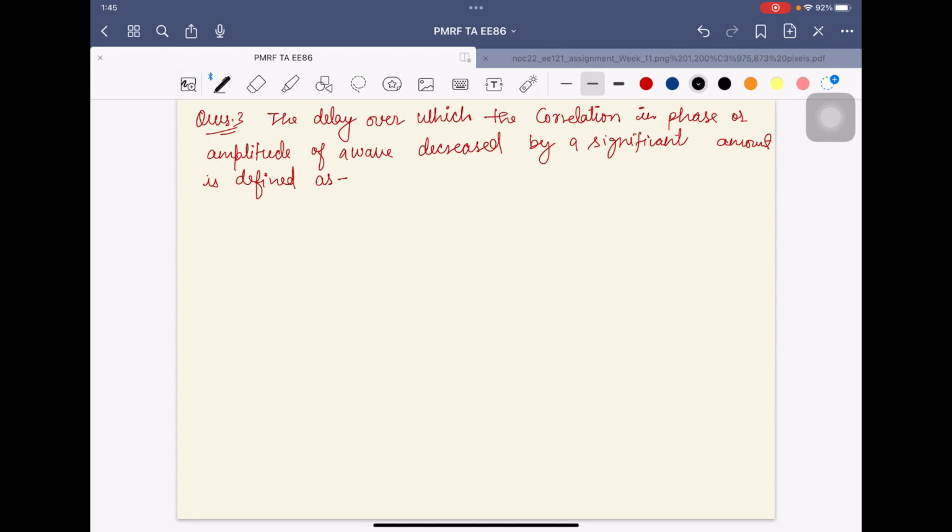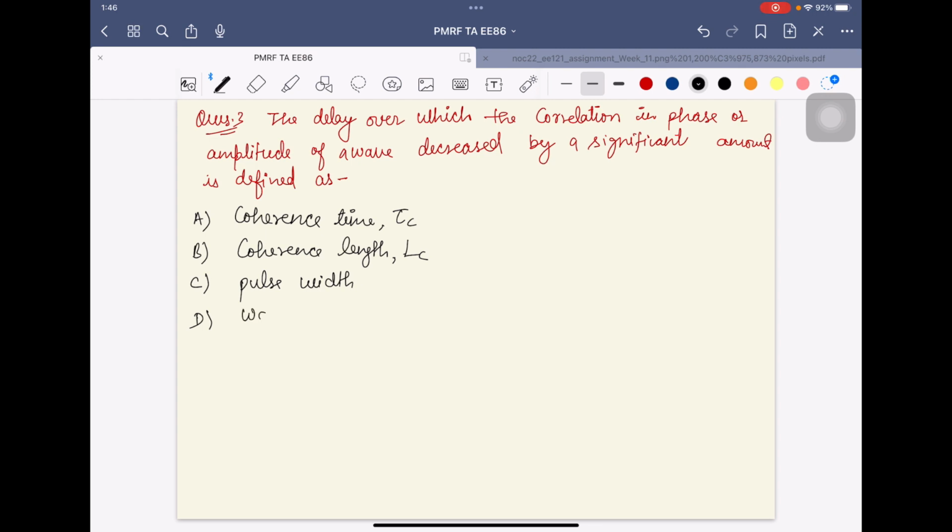So your options are A, coherence time, tau c, B is coherence length, which is LC, C is pulse width, and D is wavelength of the light, and E is coherence area.